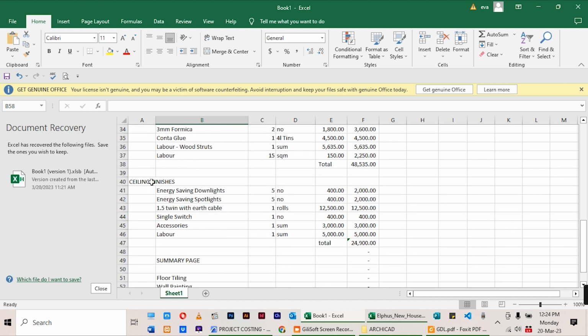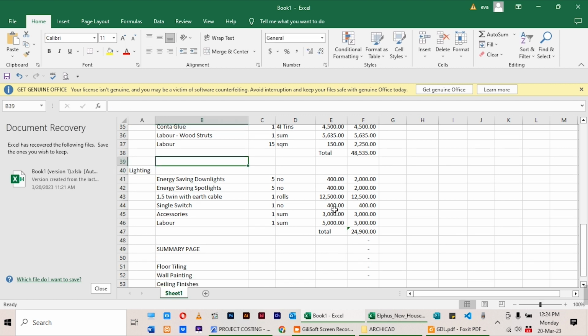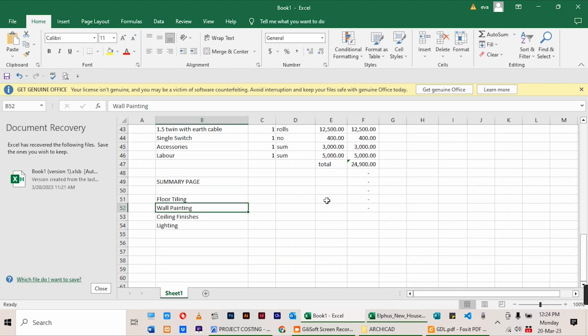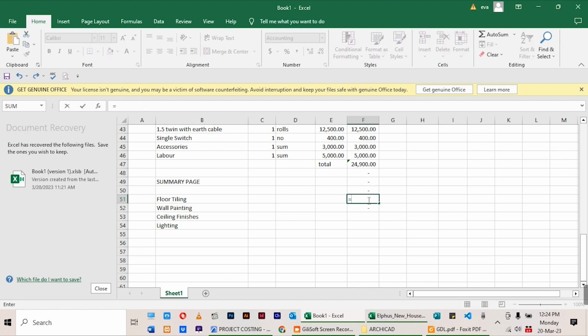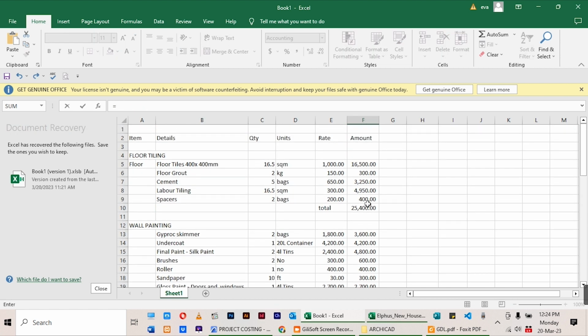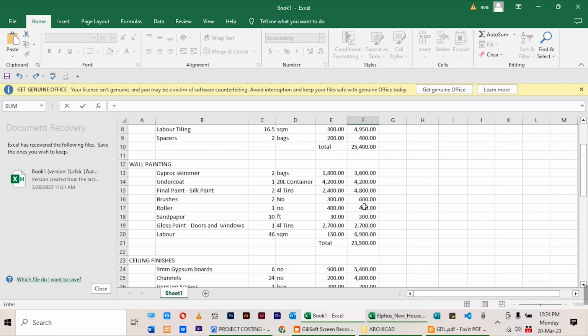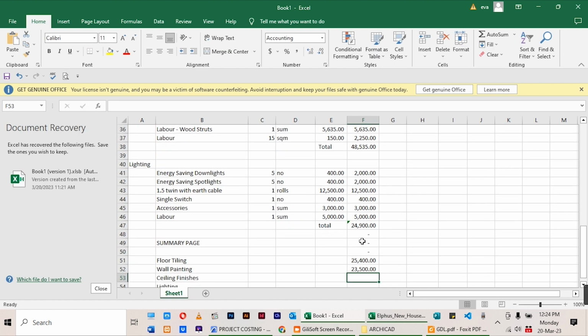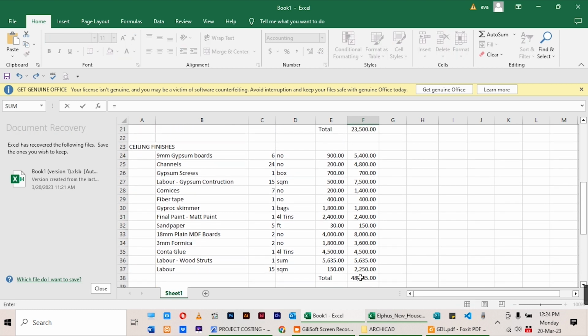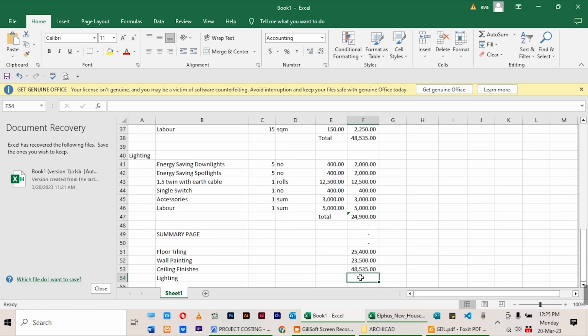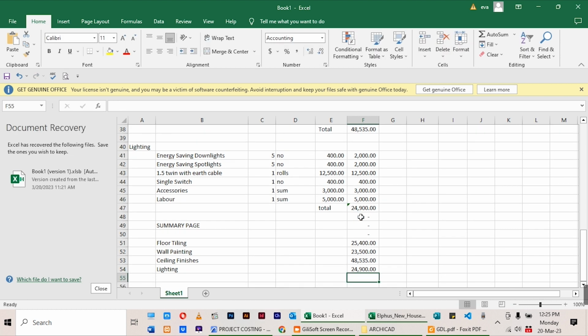Oh, didn't write here. Writing. So let's get a total for each. Floor tiling is this, wall painting is this, ceiling finishes is this, and then writing is that.